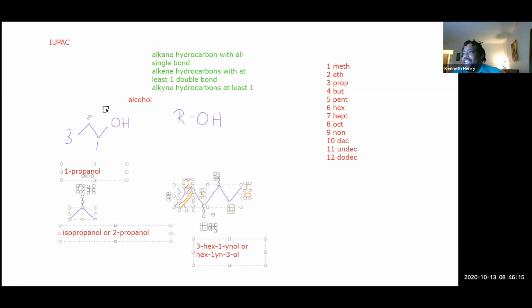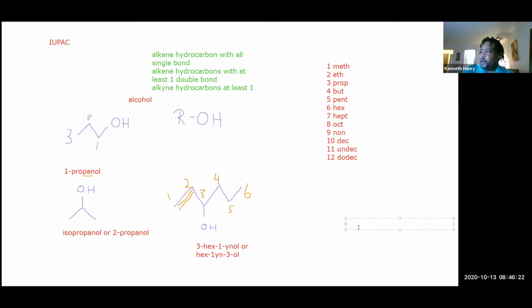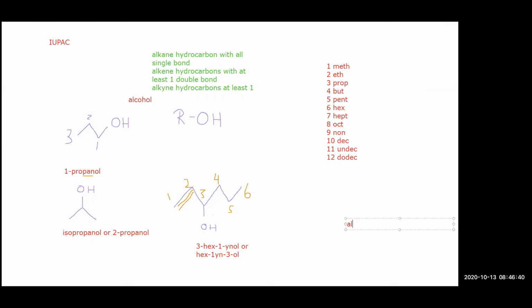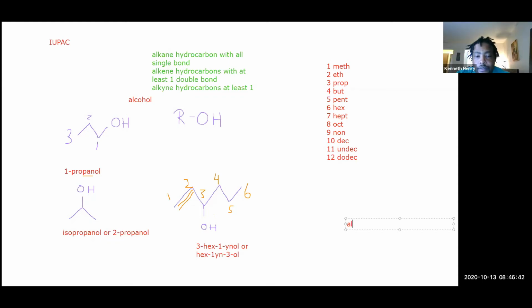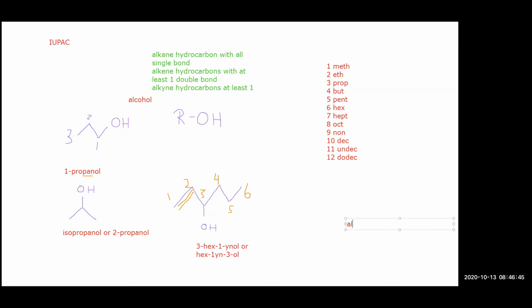So far we've talked about, let's see, low man on the totem pole. Who's low man on our priority list? Who's lowest at the bottom? The single bond.